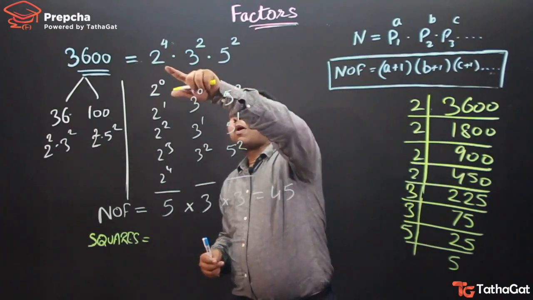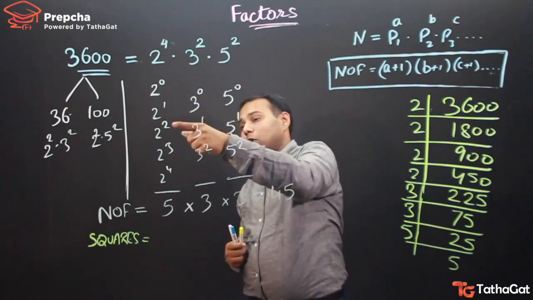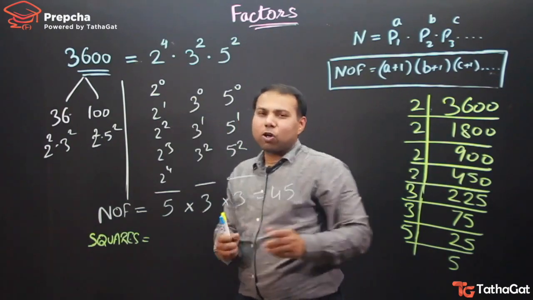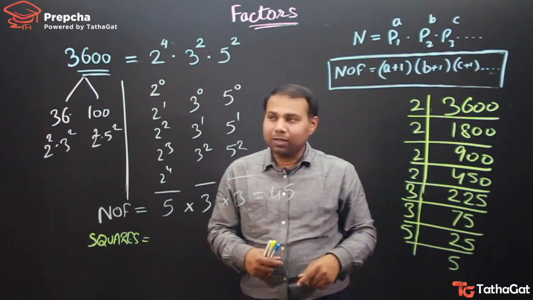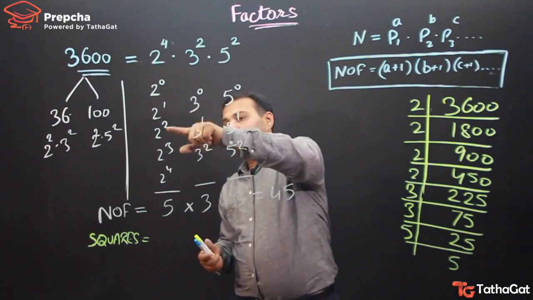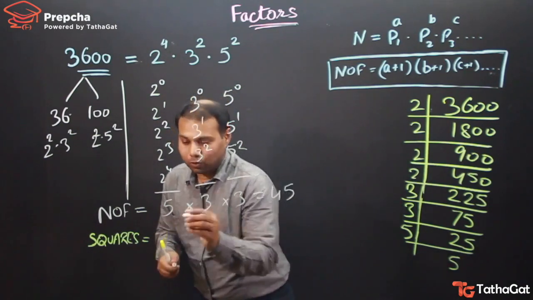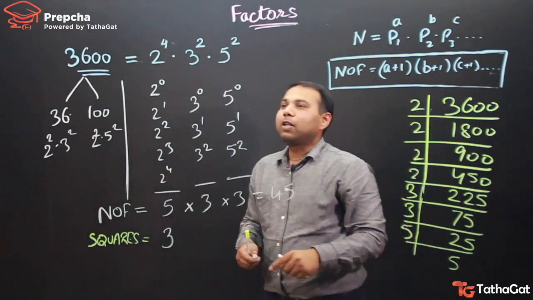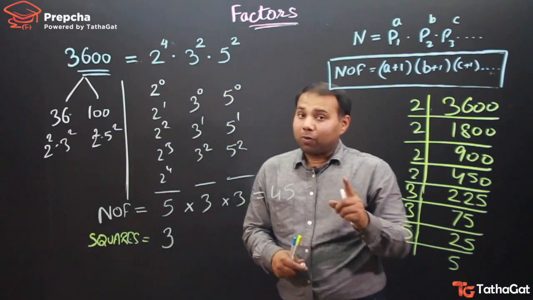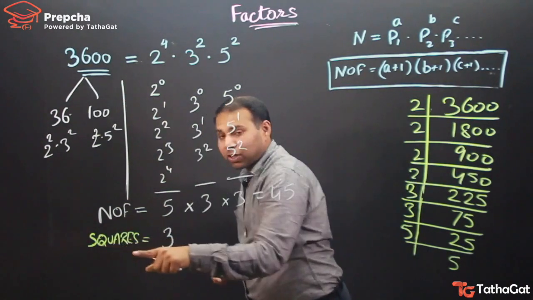So for powers of 2, I can select 2 power 0 or 2 power 2 or 2 power 4, because 2 power 1 cannot be split as a product of two equal positive integers. Similarly, 2 power 3 also cannot be done like this. So I have exactly 3 ways to select any power of 2. Similarly, for powers of 3, remember what we are doing: we are finding the factors of this number which are perfect square numbers.